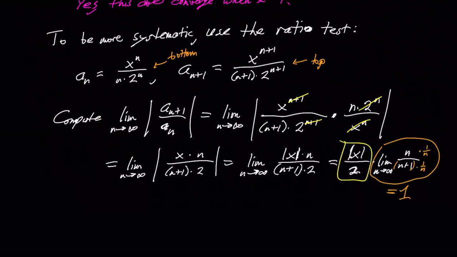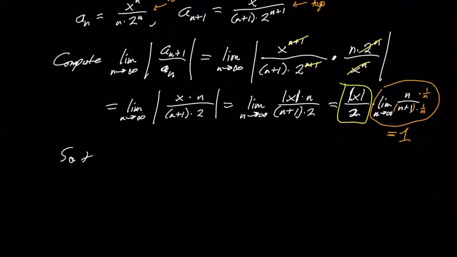I'll just write that down. So the ratio test spits out absolute value of x over 2. But what does the ratio test say? The ratio test says that if we compute that limit, and if that limit's less than 1, then the series converges, and if it's greater than 1, then the series diverges, and if it equals 1, then there's no information, right?